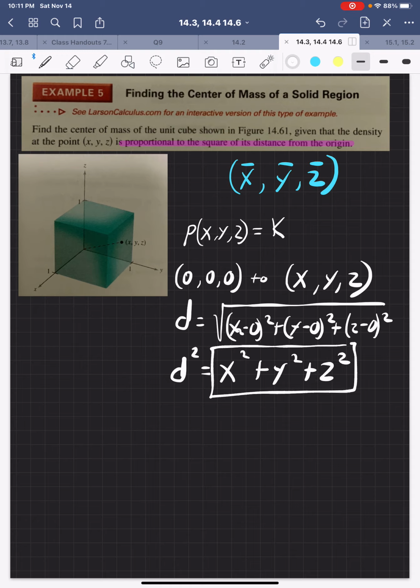That is what the text that I highlighted above translates to: x squared plus y squared plus z squared. So that, times that constant k, forms our density function.